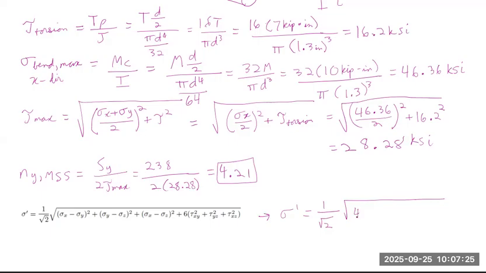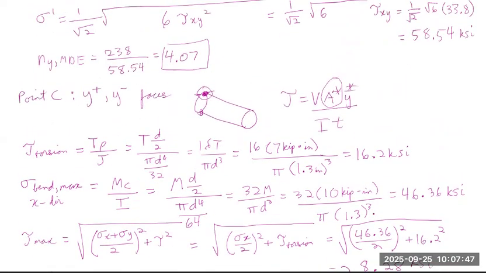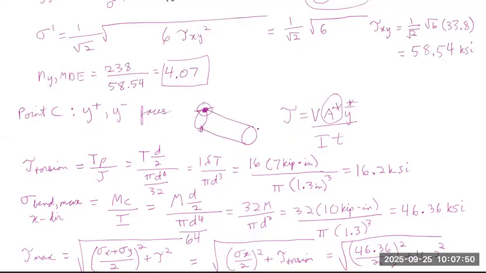And here we have no sigma y and sigma z. So it'll be 46.36 squared plus 6 times, and we have to ask ourselves, how is the shear stress acting?